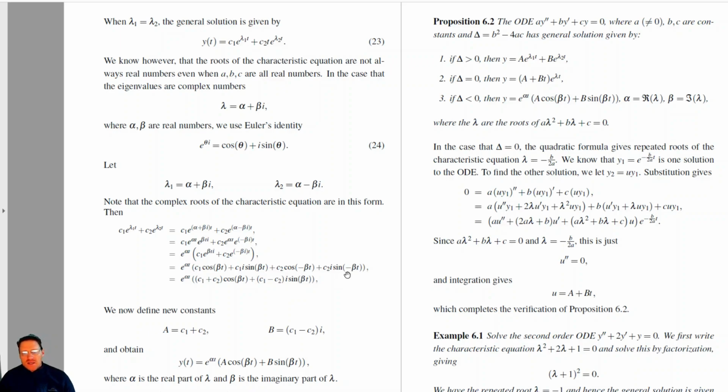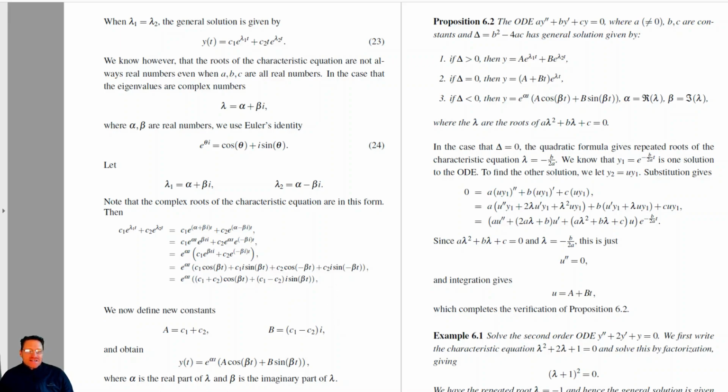However, sine is an odd function, so sine of minus beta t is minus sine of beta t. So that's why we have a difference as the coefficient there of sine of beta t. Okay, and we still have the letter i there, which is an imaginary number. So this is not real. However, what we can do, amazingly, is let some new constants a and b be c1 plus c2 and c1 minus c2 times i.